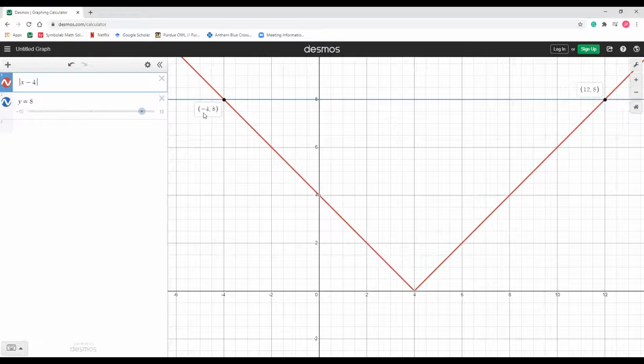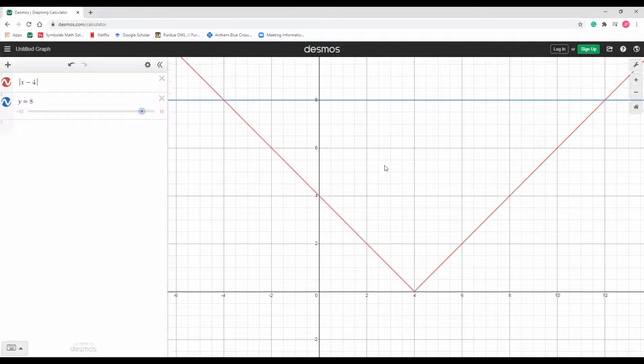So if you look at the x value, what do you see? -4. And if you look over here on the right side, what's the x value? +12. So any x between -4 and +12 will give me values that are less than 8, which is that blue line. So that's what I'm hoping you take away from this.